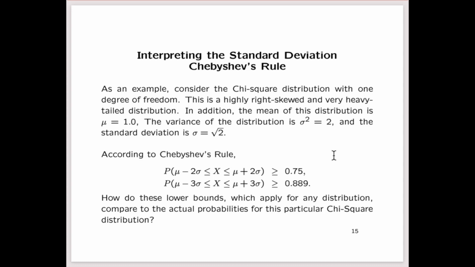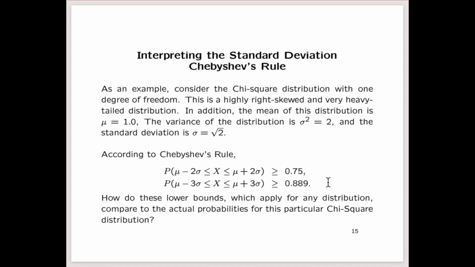Now, according to Chebyshev's rule, the probability that the random variable x, which has this chi-square distribution with 1 degree of freedom, takes on a value within 2 standard deviations of the mean would be at least 0.75 or 75%, and the probability that it takes on a value within 3 standard deviations of the mean would be at least 0.899. So that's interesting.